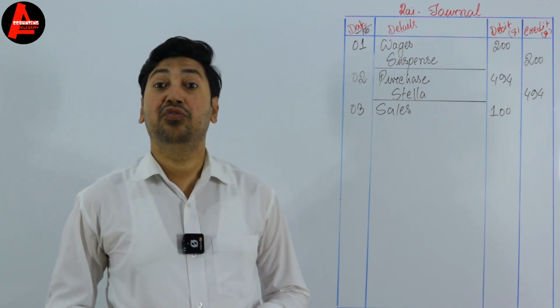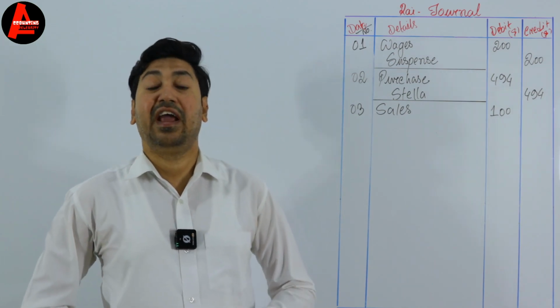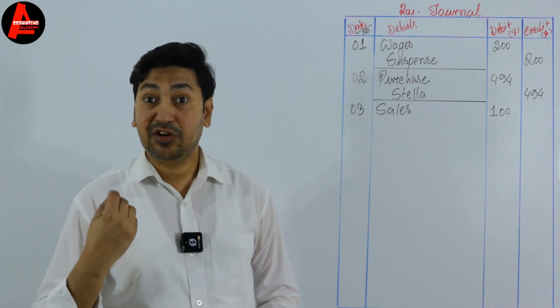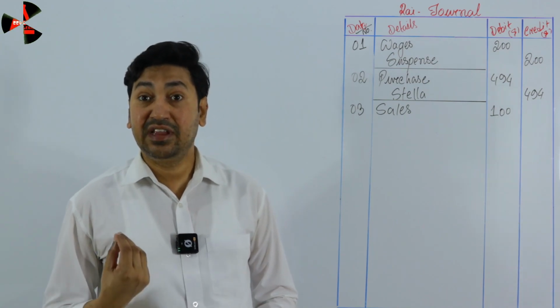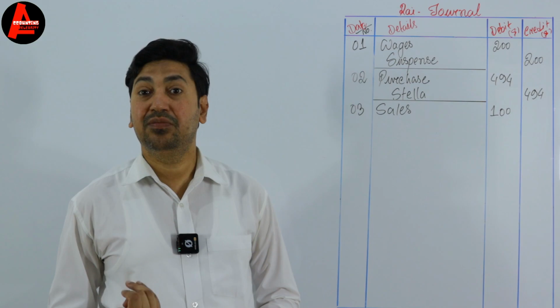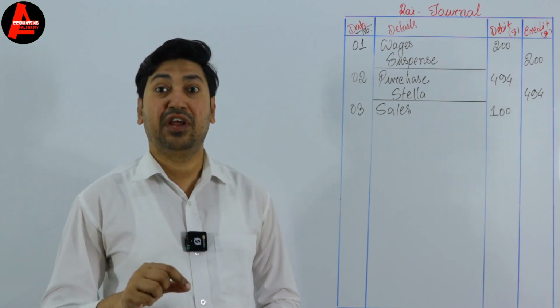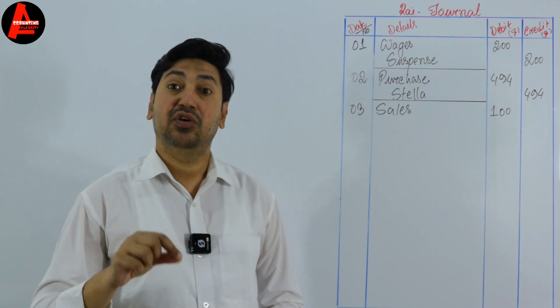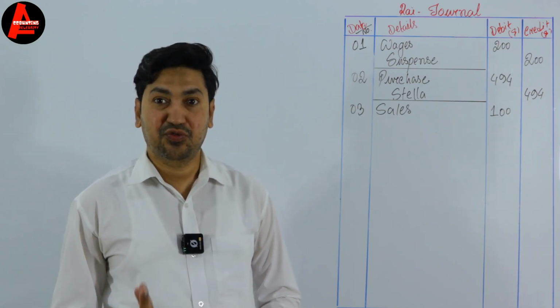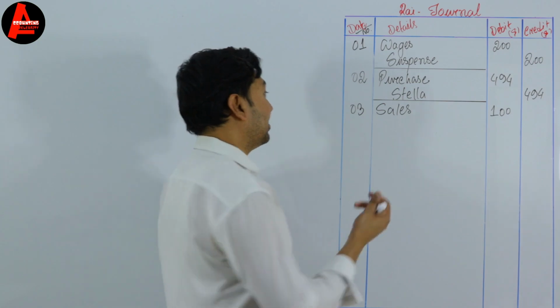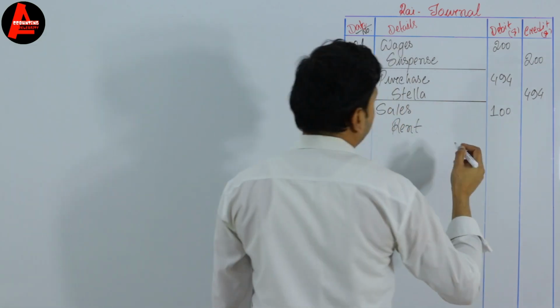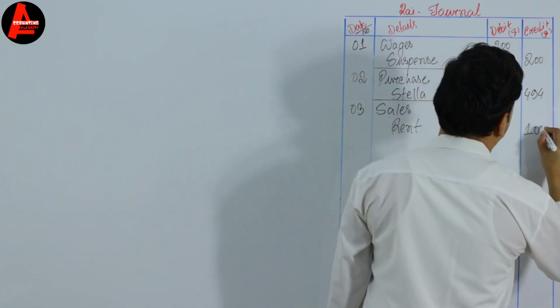So if we decrease expense, it will be credited. If we increase expense, it will be debited. So here we will decrease rent, which is an expense, so it will be now credited. Yeah, so let us write here rent on the credit side $100.